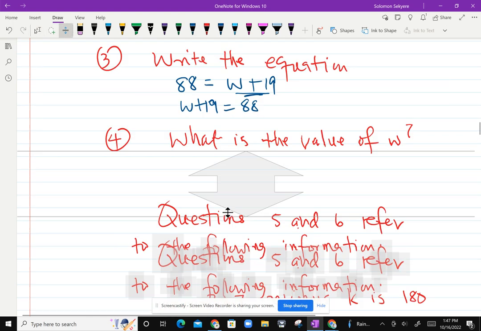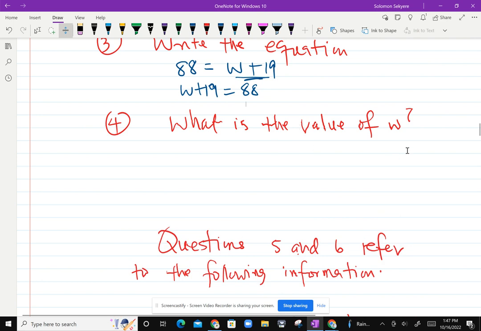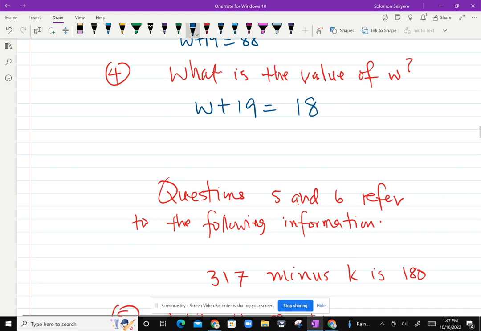From now on, whenever you see a letter or a variable, it's representing your box. How do we find what that number is? I know you can do it in your head, but in algebra, previously it was negative, and then we added in order to get rid of it. Here it is positive. We are going to subtract 19 from both sides.